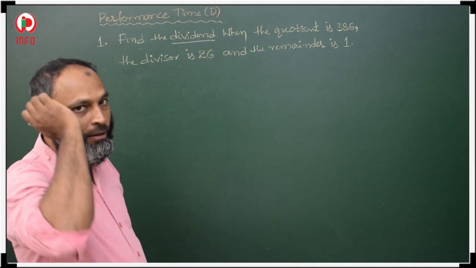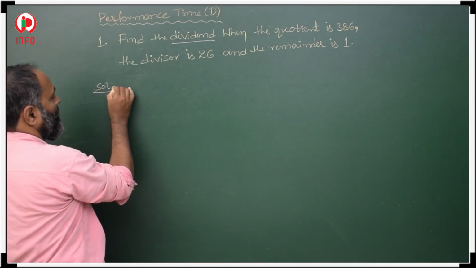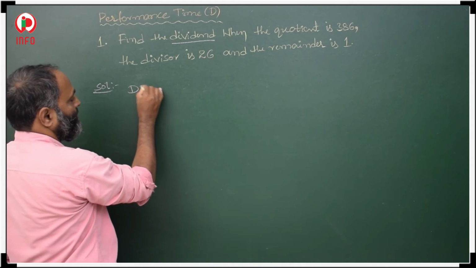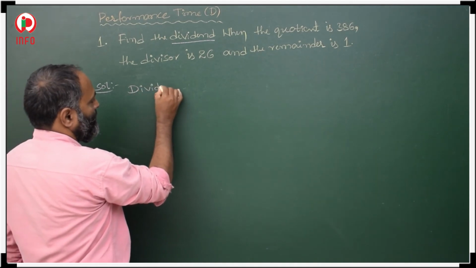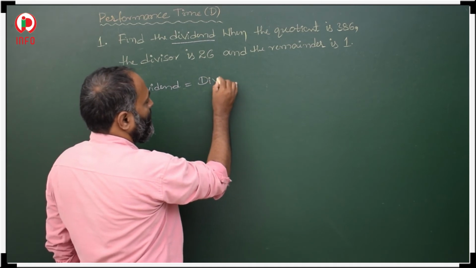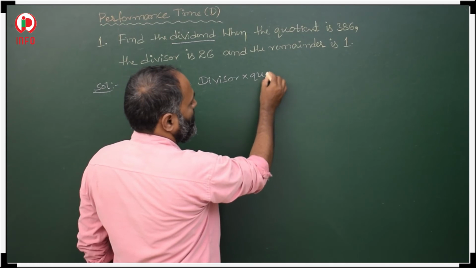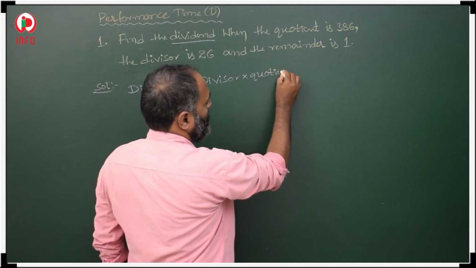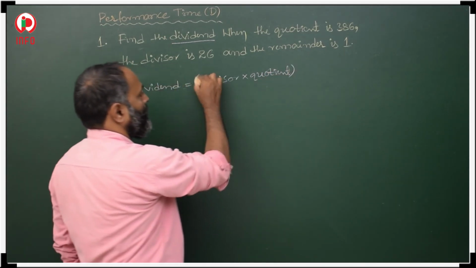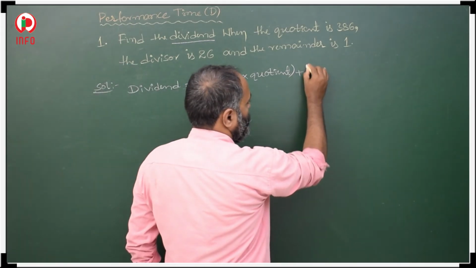We have the dividend formula. What is the formula for dividend? Dividend is equal to divisor into quotient plus remainder.